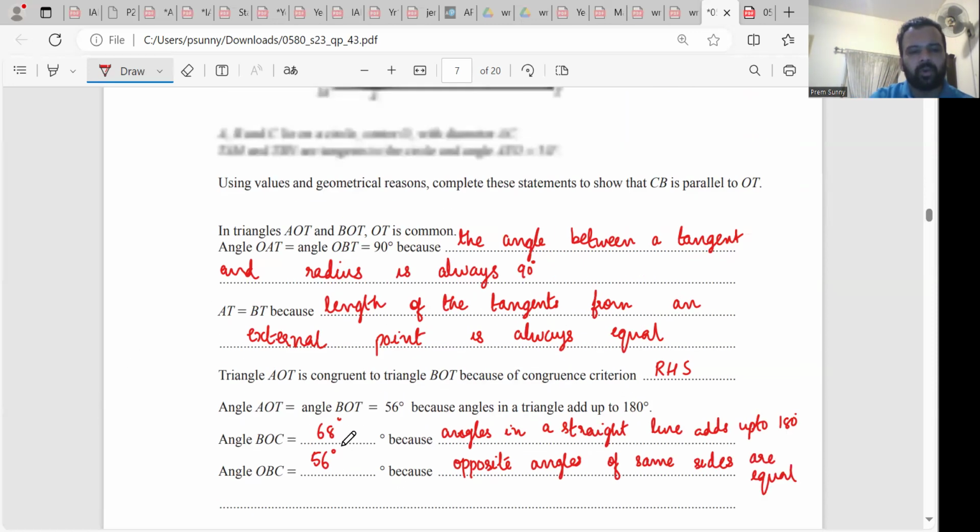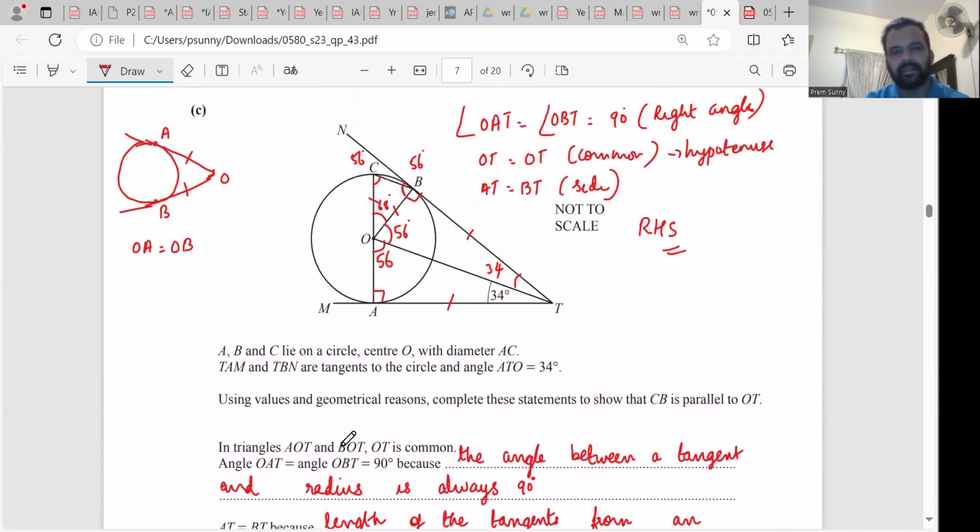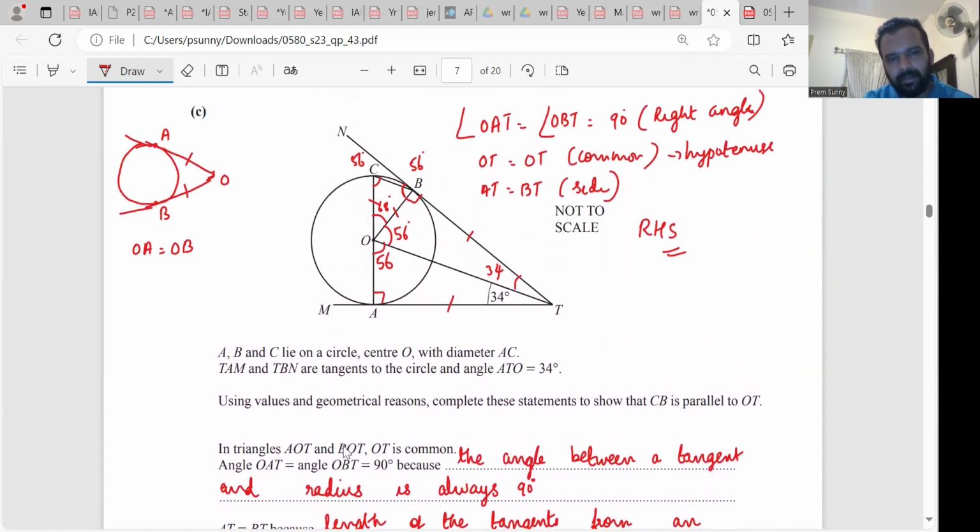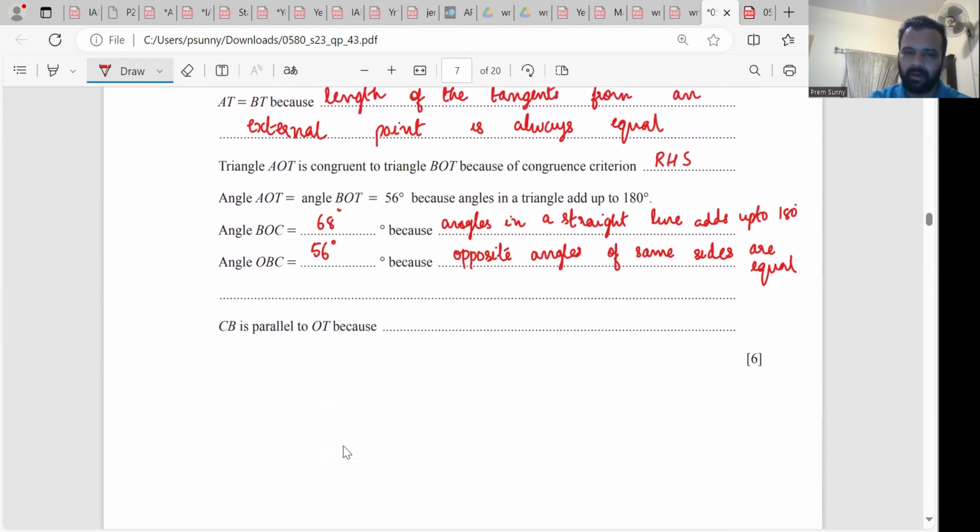CB is parallel to OT, because now we can say that this line CB is parallel to OT. Now you can see here this angle is 56 and this angle is also 56. If we have two parallel lines, these two angles are the same. This is 56, this is also 56. That means they are equal using alternate interior angles.